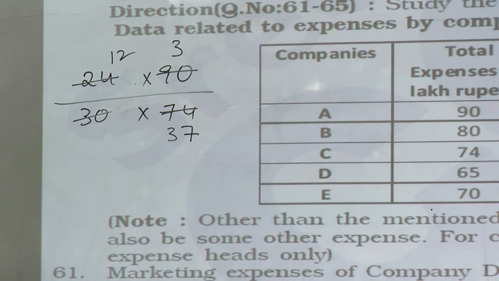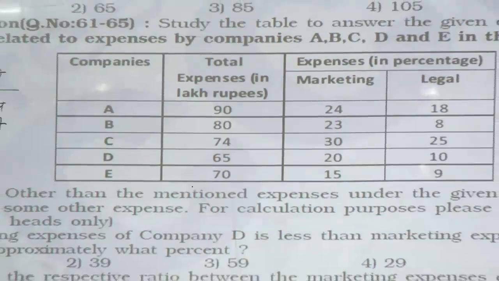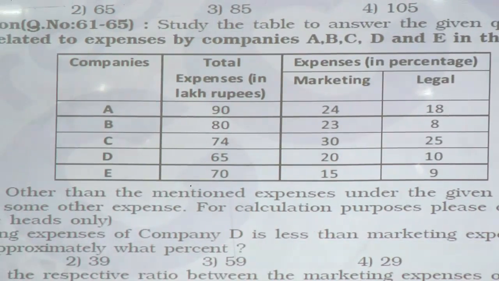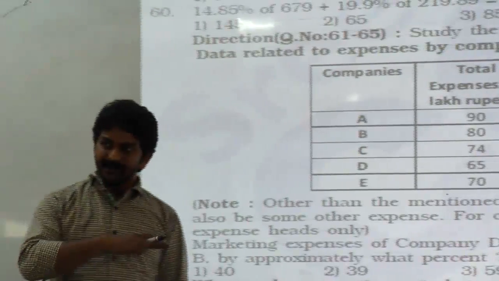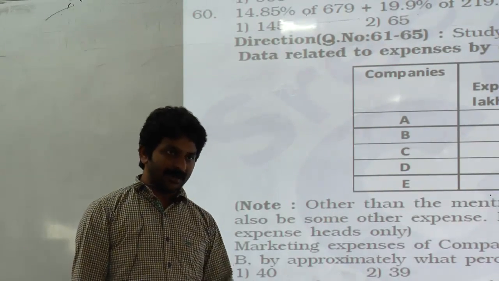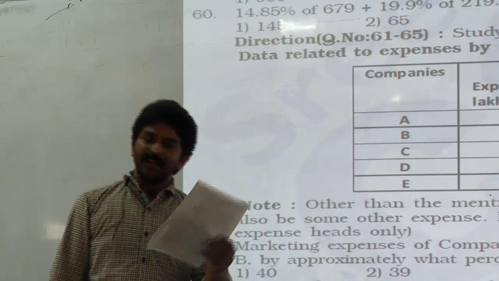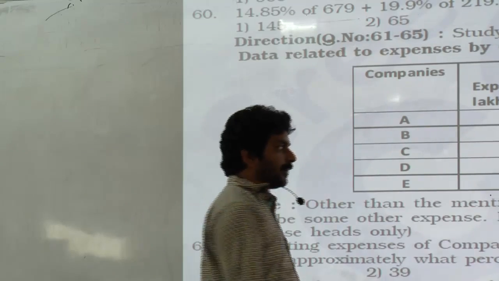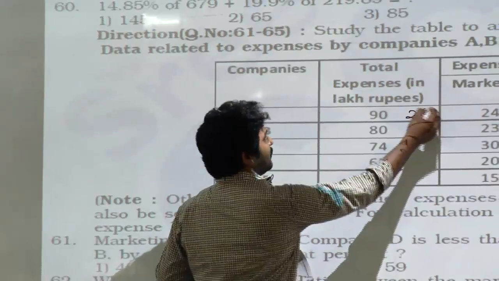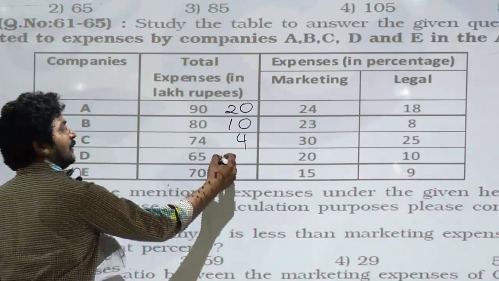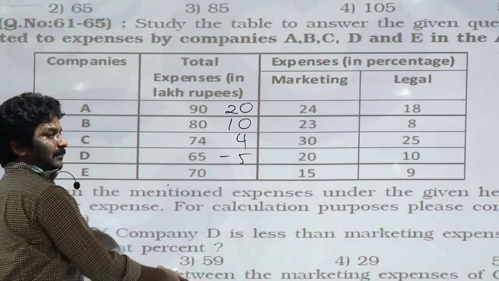Next 63. What is the average total expenses of all the companies given? You are asked about average. Look at your options. Options are in decimal. So better to go for benchmark. Now, all the options are nearby, 70 and 75. Let's take 70. This is 20 more, 10 more, 4 more, 5 less, equal.